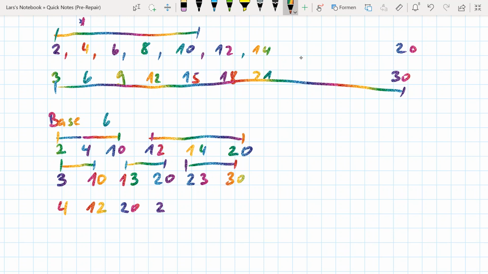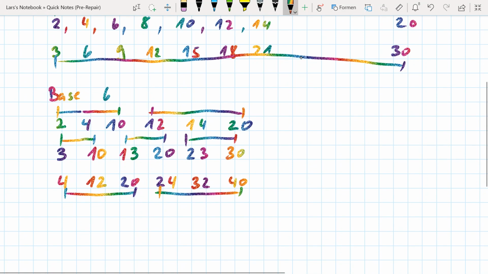Then the pattern starts again. So you get 24, and 32, and then 40 in base 6. So all the patterns are emerging after 3 steps.